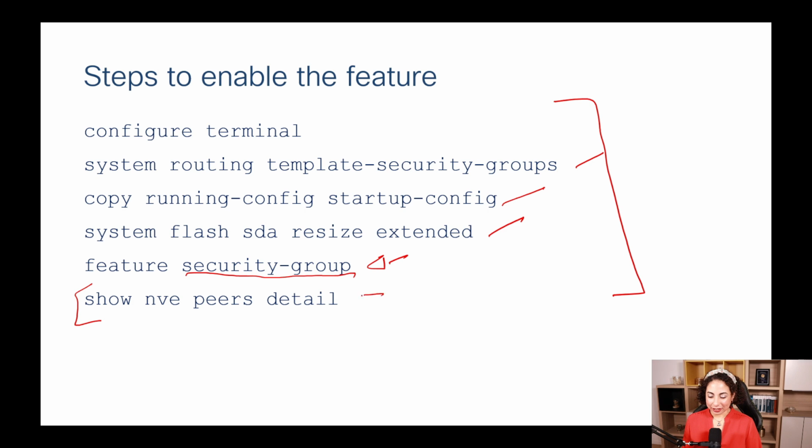Actually, I thought I had removed this command from the slide because I copy-pasted it into the show commands, but never mind, it's there, so let's speak about it. Okay, so regarding the repartitioning and the enabling of the system routing template security groups, I have already recorded it, because obviously I needed it in order to have my leaves ready for my testing before doing the recording itself.